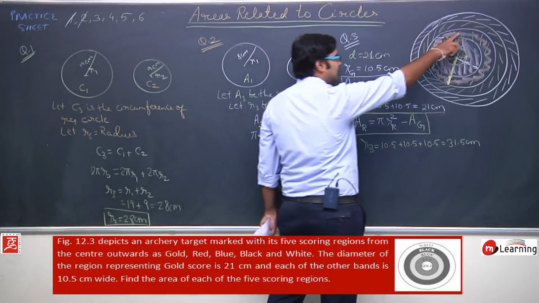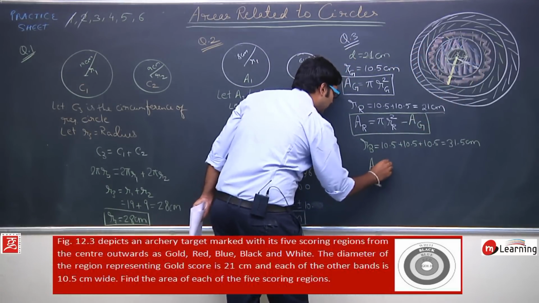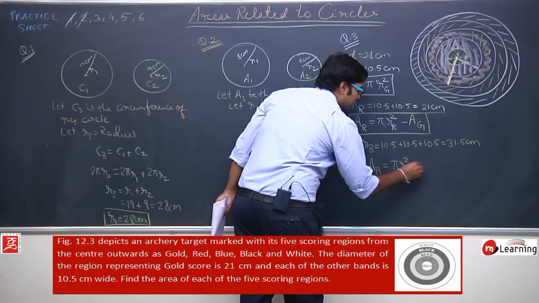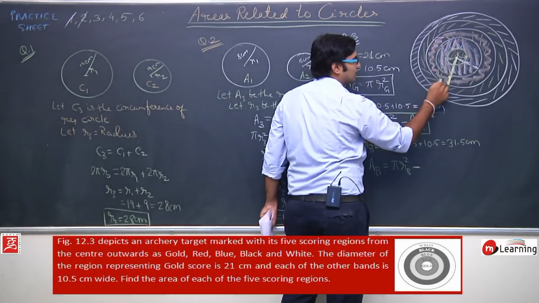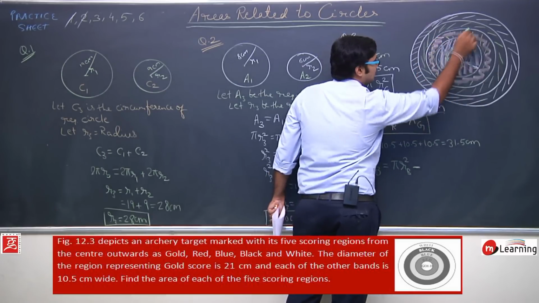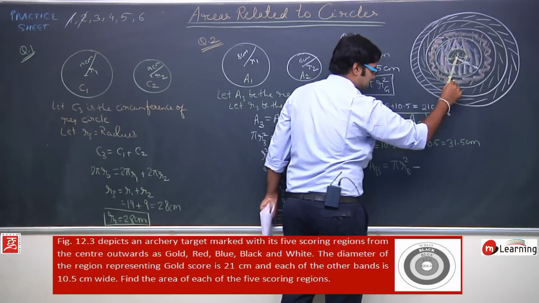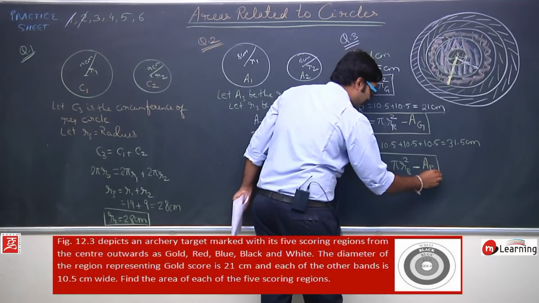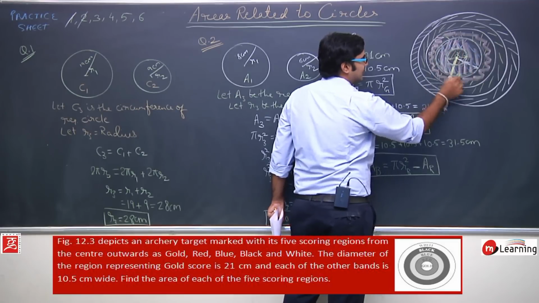Now how to calculate the area of this region? The area of the blue region, A blue, will be equal to pi r blue square minus the area I need to deduct. This is the complete region, and if I deduct this much area, I will get the area of the remaining region.